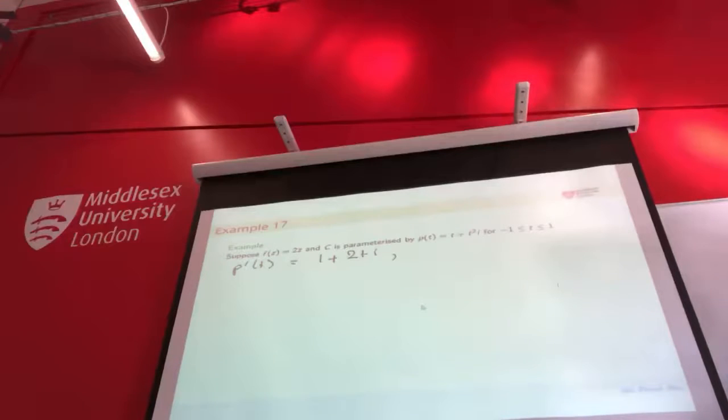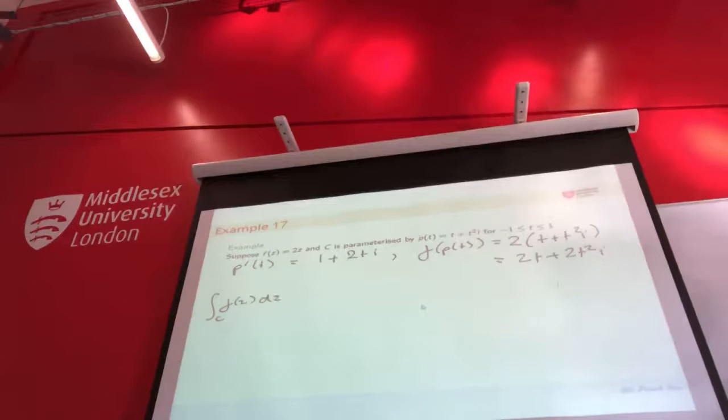So p dashed of t is 1 plus 2t I, and f of p of t is then equal to 2 times (t plus t squared I), which is 2t plus 2t squared I. The reason, of course, is that I want to work out this.